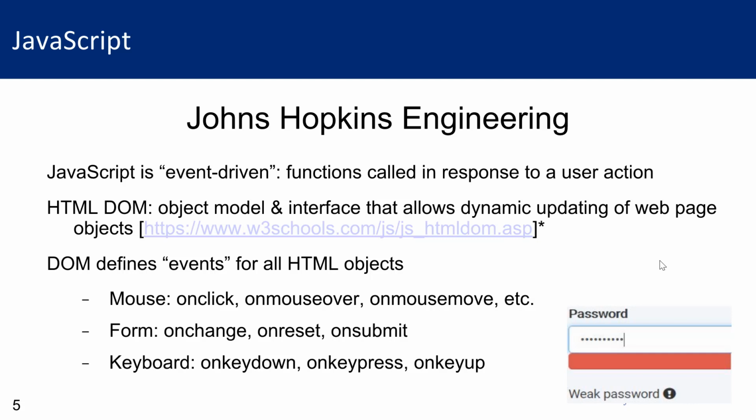It's going to see, does it contain upper, does it contain lower, does it contain punctuation, or does it contain two numbers, things like that. So these events, as I call them, are exactly the user events that we're going to respond to with the JavaScript function. And on the next slide, we're going to see a specific example of what that looks like.